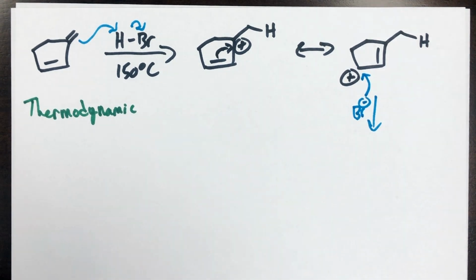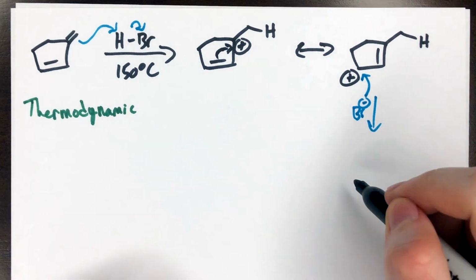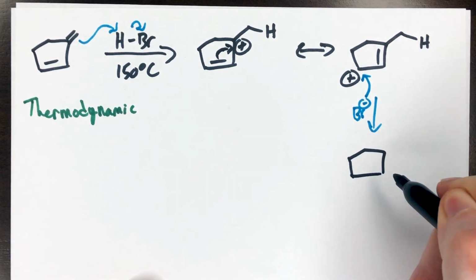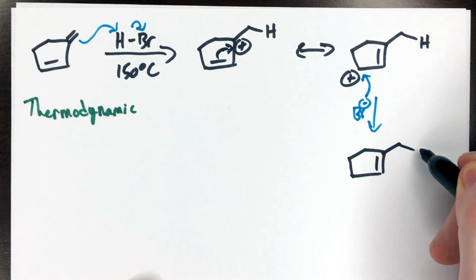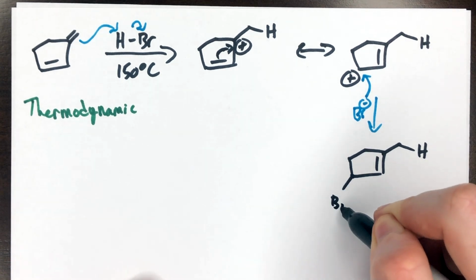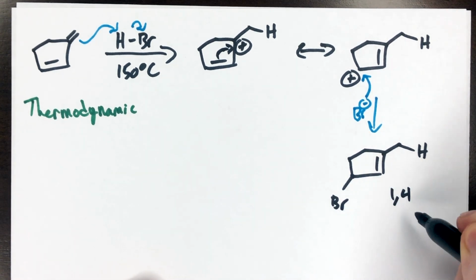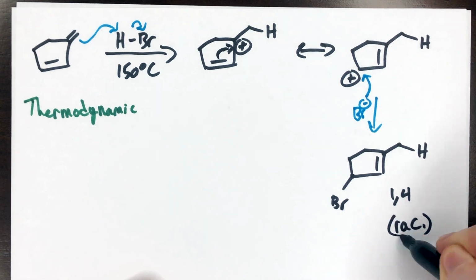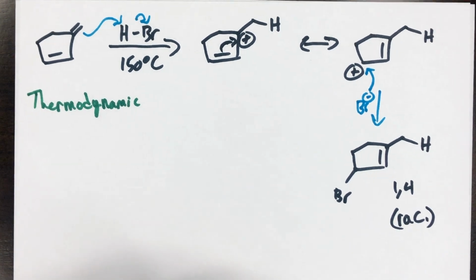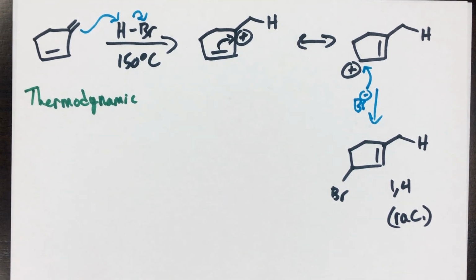And this will predominate here because the product is more stable. And this is also racemic. So this is a 1,4 product. It's racemic because we had a planar intermediate in the carbocation. So we'll get 50% of the bromines above the plane, 50% below the plane, and that will give us one of the products.